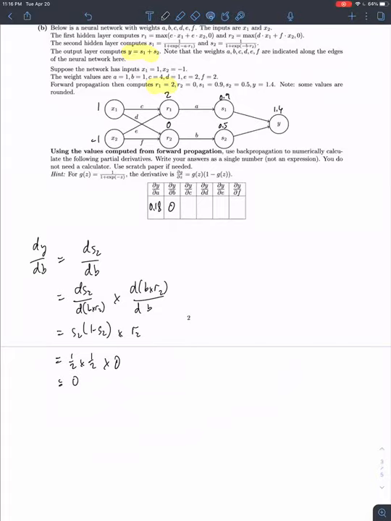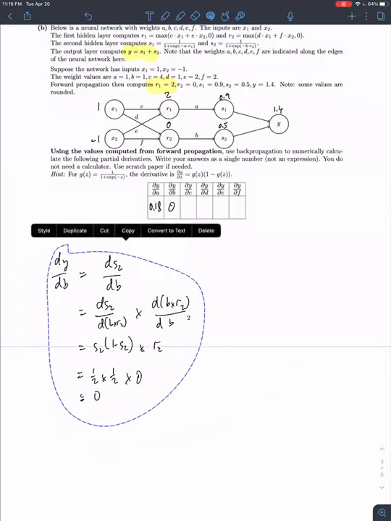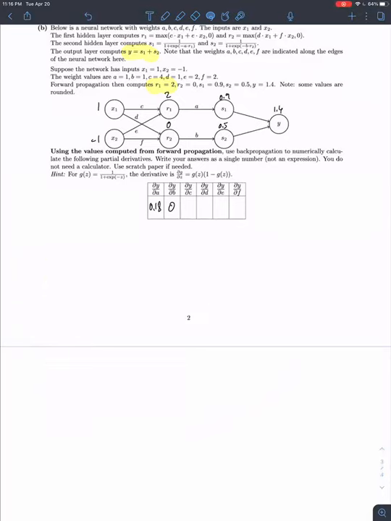All right, that wasn't too hard. Okay, so we've written dy dp. Now it's time for dy dc. How are we going to compute that? How does c ever influence y?